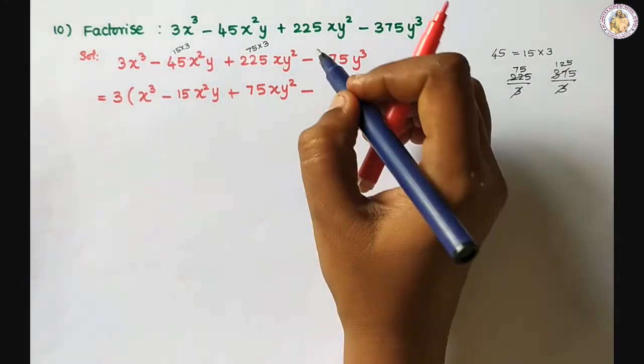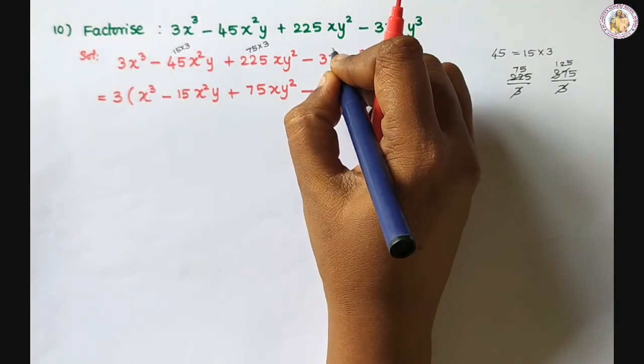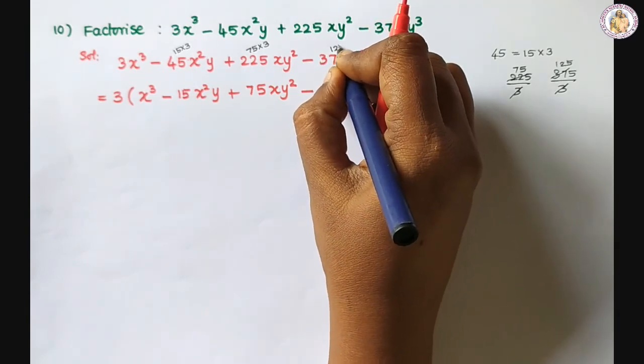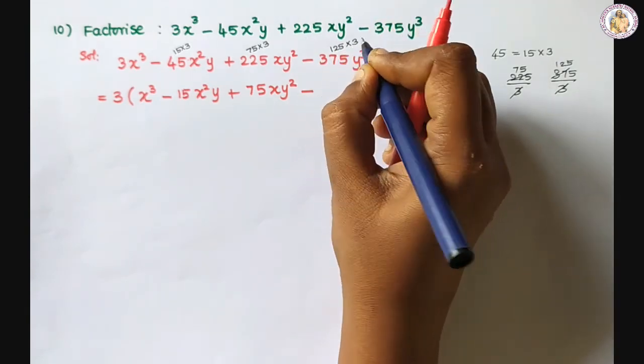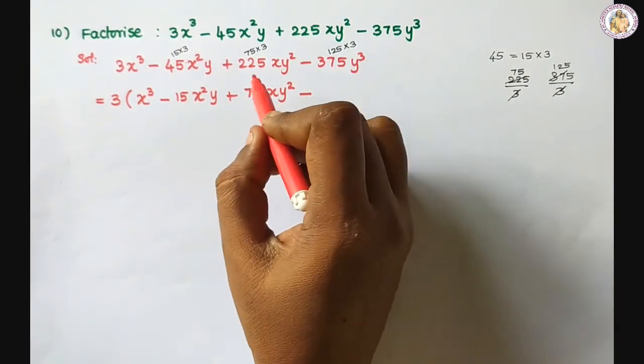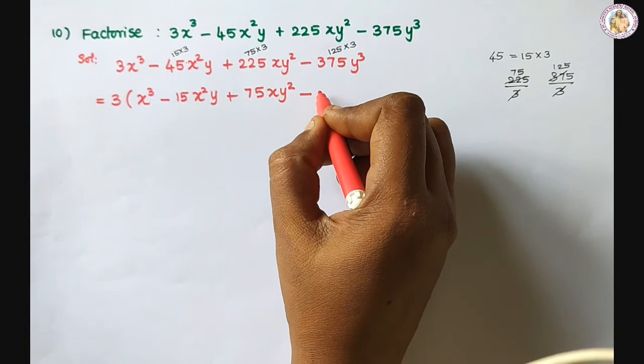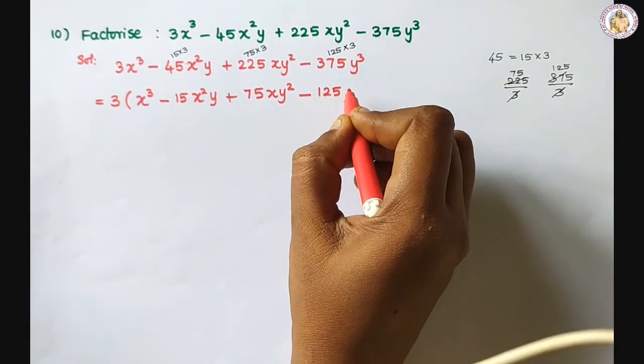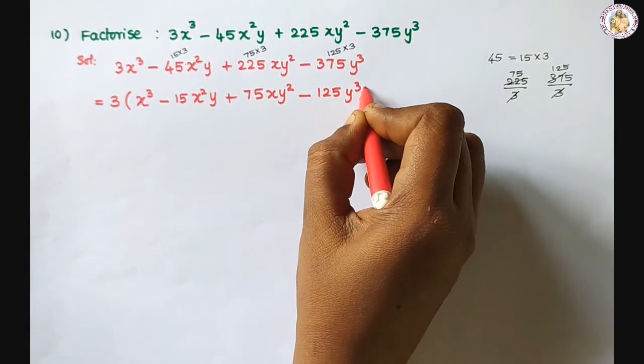So 375 can be written as 125 into 3. So 3 is taken out, remaining 125 y cube.